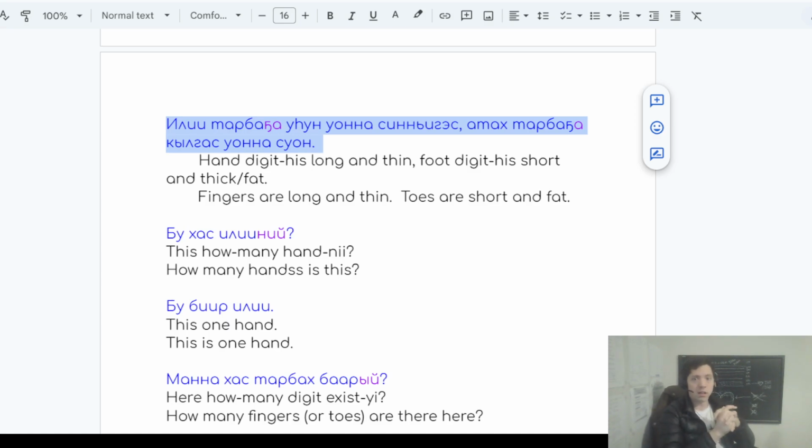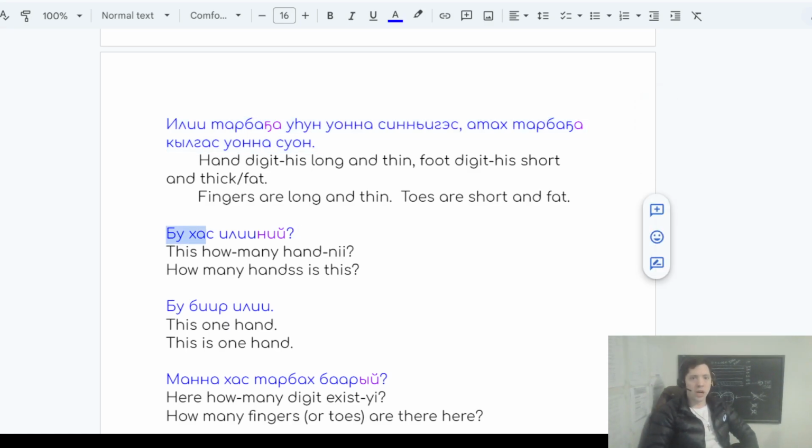But yeah, I think that's kind of a peculiarity of North or Western European folk. Because I be knowing like Central Europeans and Asians and stuff, and they got like shorter, wider feet than we do. And my feet are like long. Anyway, enough about my feet. Ili tarbaga uhun wanas yigis atak tarbaga kulgas wanas one.